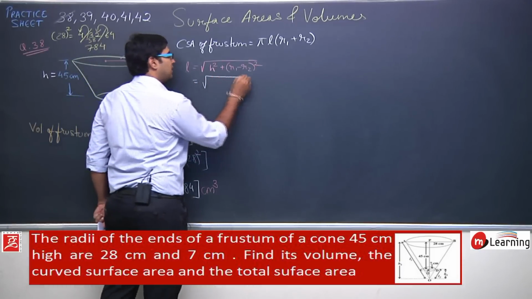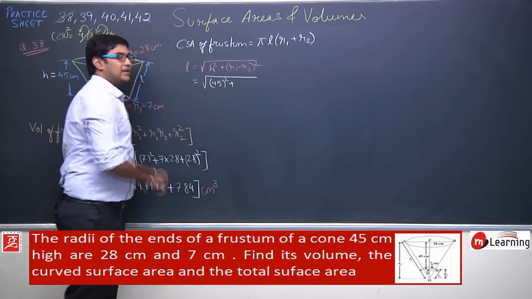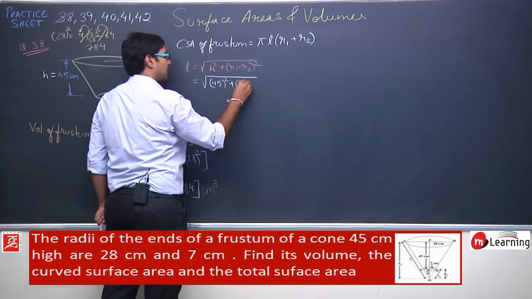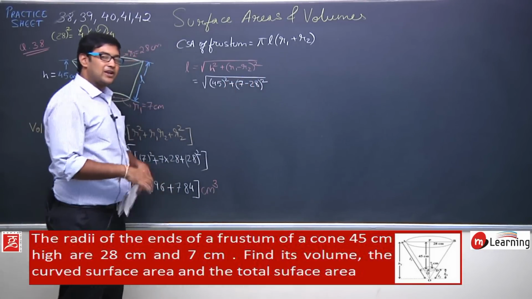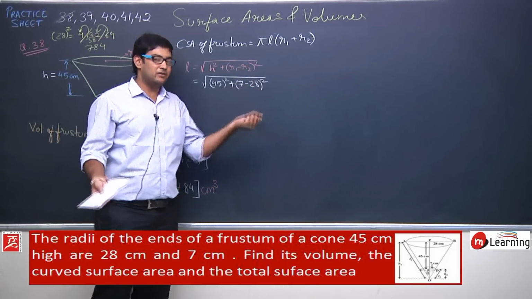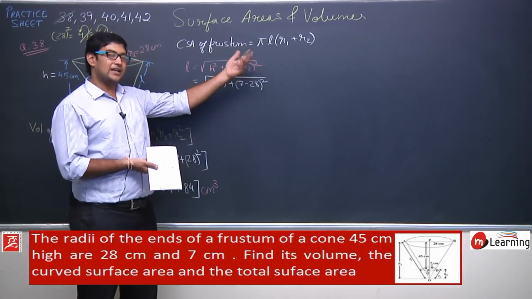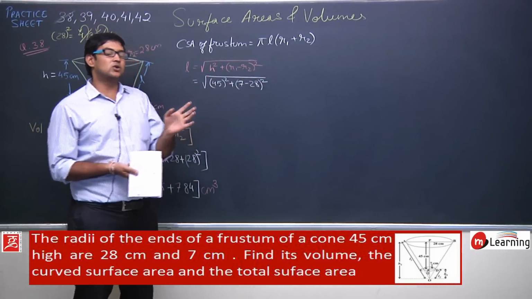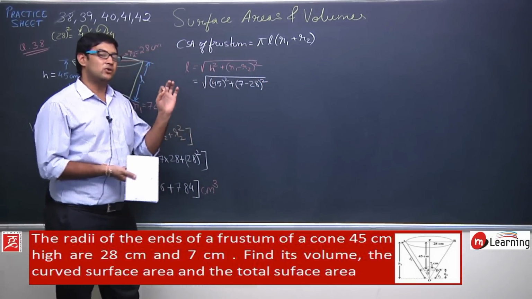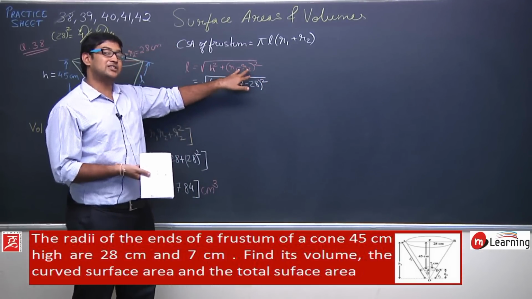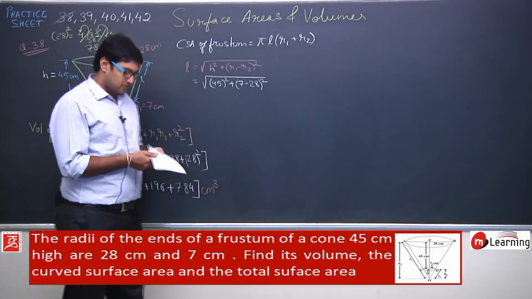Here I can substitute the value of h, which is 45, so the square of 45 plus r1 minus r2, where r1 is 7 and r2 is 28, squared. Remember, you can write it as r2 minus r1 or r1 minus r2, it does not matter, because it is squared, so either way it will be positive. This difference is always squared after the subtraction.